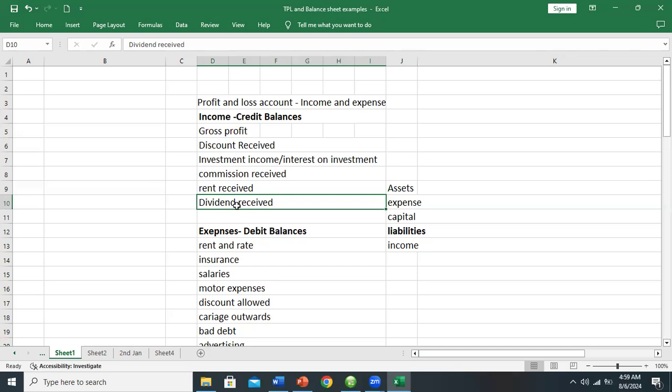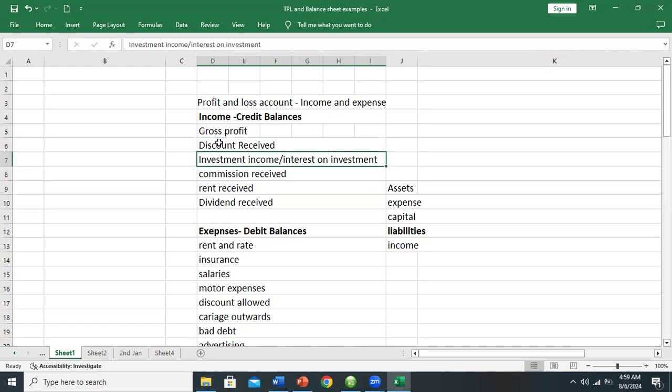So when you invest in a company, you receive dividend. These are the incomes that will be popping up in your exam, so pay attention to them. The common ones are discount received, commission received, rent received, and maybe sometimes interest on investment. But the one that appears more often is the discount received.